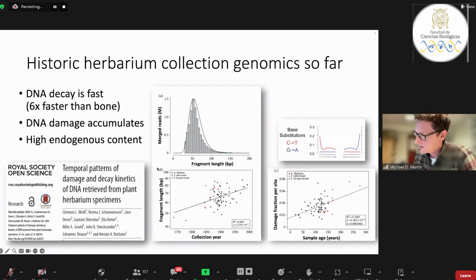But the nice thing that we have discovered looking at historic herbarium specimens is that they actually have quite a high proportion of plant DNA left over.